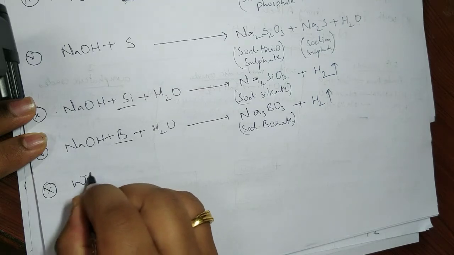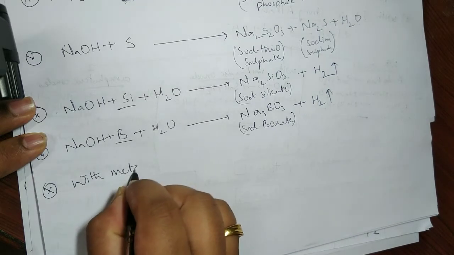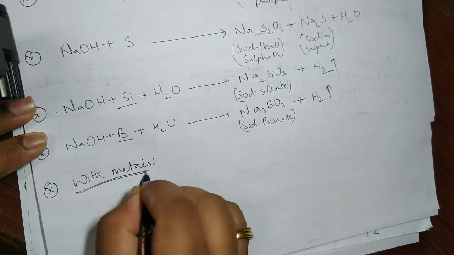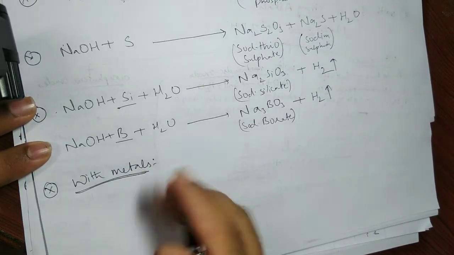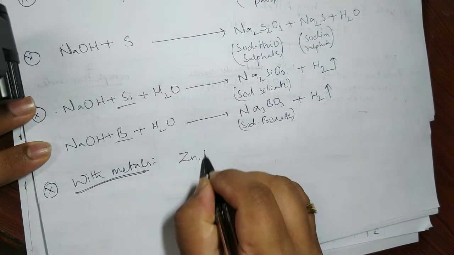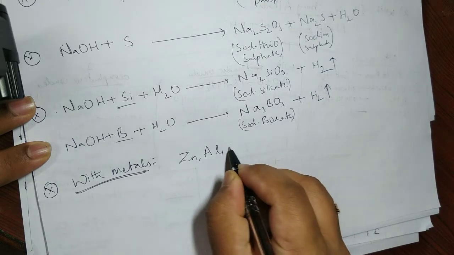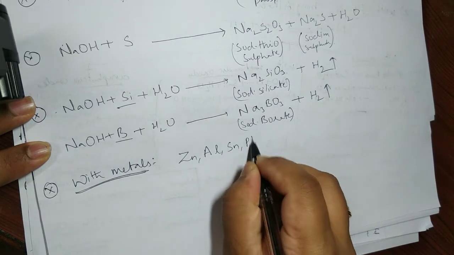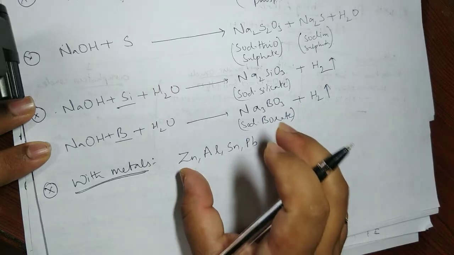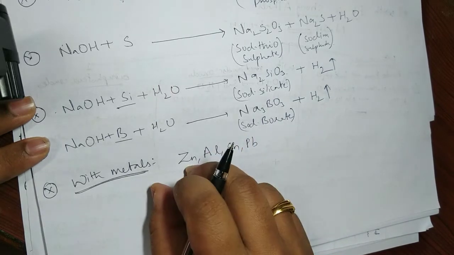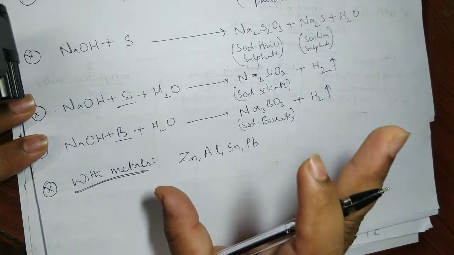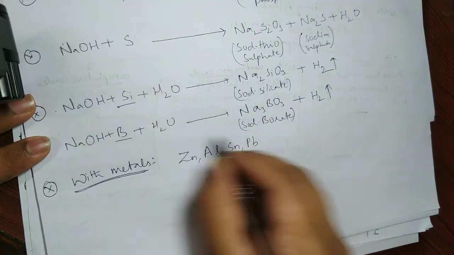Fine. Then reaction with metals. With metals, the basic metals that you find are zinc, aluminium, tin, lead. Basically these metals react with sodium hydroxide solution and evolve hydrogen gas.